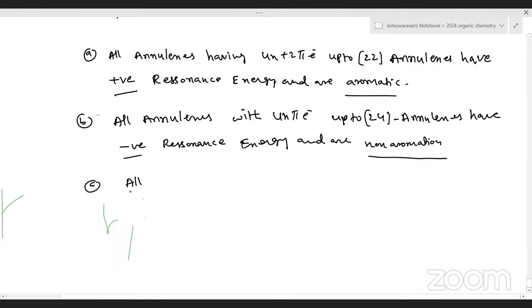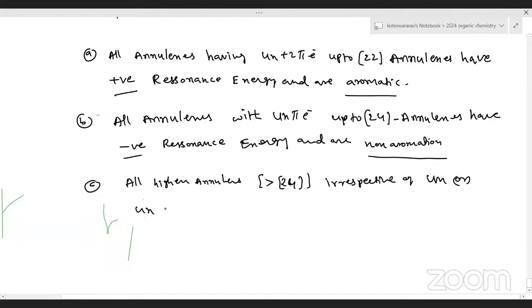But above 24 annulenes, all higher annulenes, irrespective of 4n or 4n plus 2 electrons, have negative resonance energy.